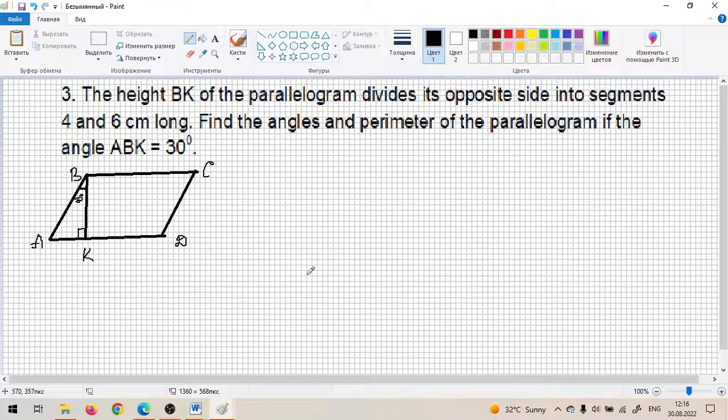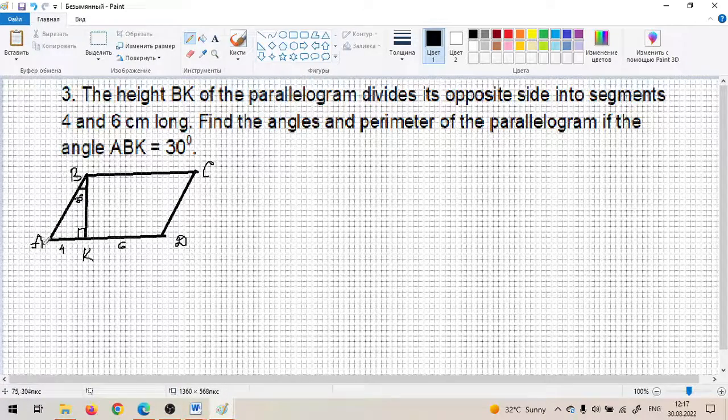And the last one. The height BK, you can see, of the parallelogram divides its opposite side into segments 4 and 6 centimeters long. So this segment 4 and this segment 6 centimeters long. Find the angles and perimeter of the parallelogram if the angle ABK equals 30 degrees. Yes, this angle ABK here is 30 degrees.